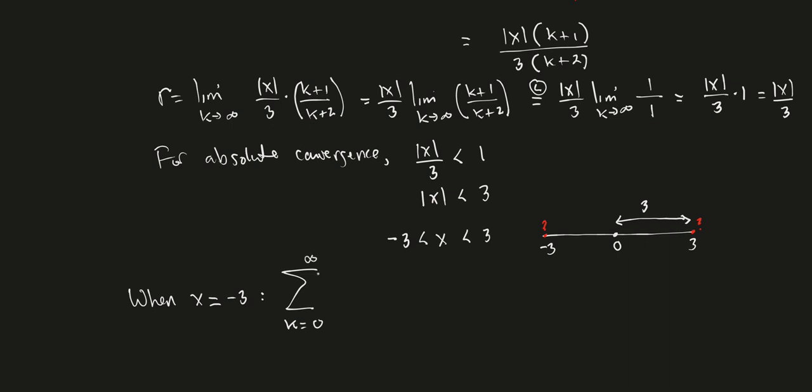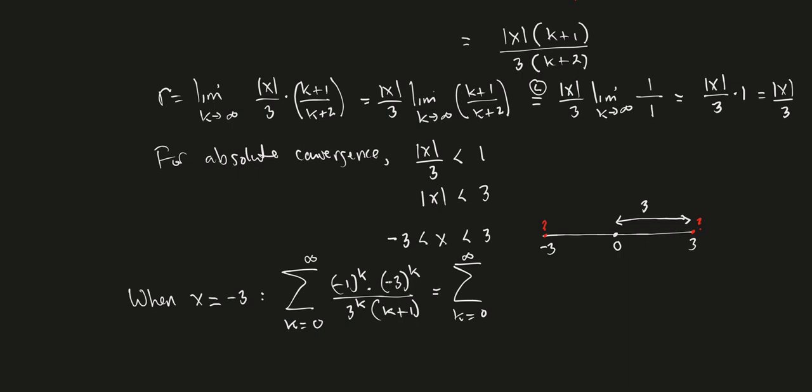So when x is equal to -3, we have -1 to the k, and then times -3 to the k, and then that's all over 3 to the k times k plus 1. Well, let's carefully simplify this and see if we can identify this type of series.